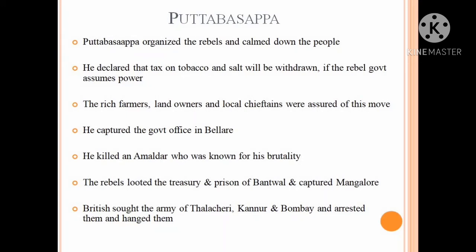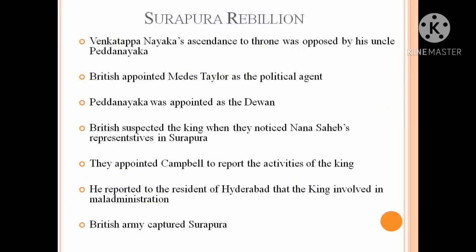If everyone unites, how can we not achieve independence? But the problem was that unity was not there. And the British brought these armies from these areas, arrested them and hanged all the rebels. So this is about the Amarasullya Rebellion.